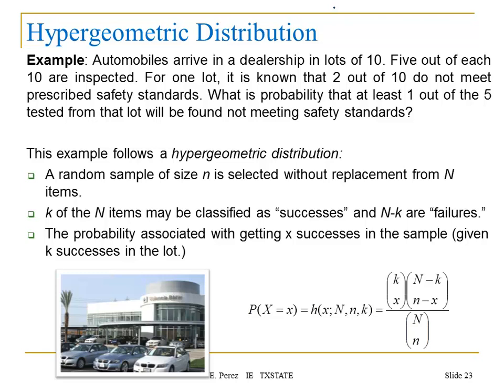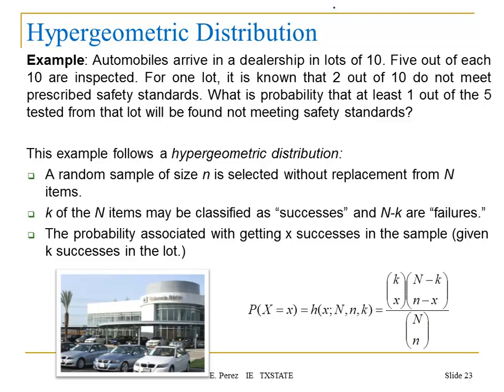So for each lot, we're going to inspect 5 of the cars. For one lot, it is known that 2 out of 10 do not meet the prescribed safety standards. The question is, what is the probability that at least 1 out of the 5 tested from that lot will be found not meeting safety standards?